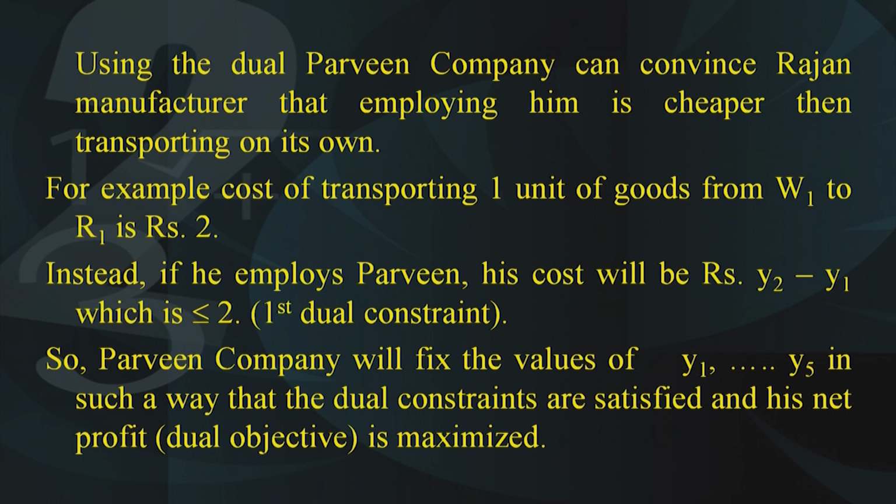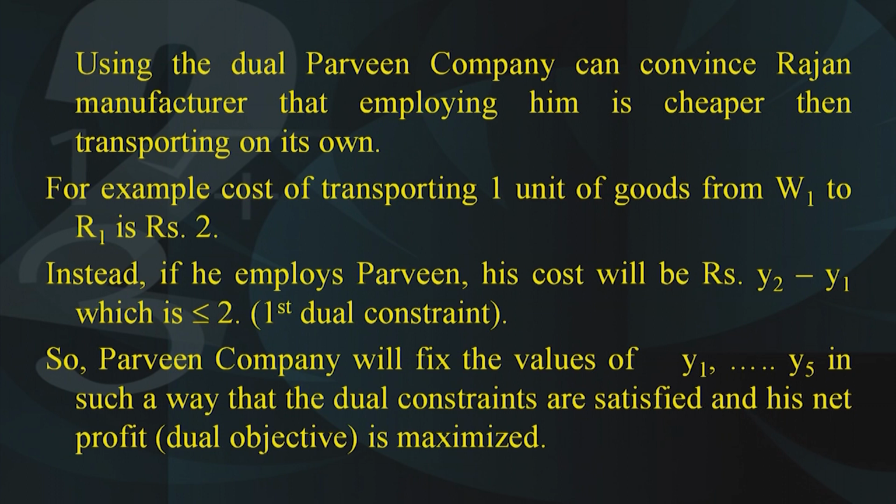Now, this is really very interesting. In order to prove this, let us look at an example. For example, the cost of transporting 1 unit of goods from W1 to R1 is rupees 2, right, that is given in the problem. So, the first entry is 2.